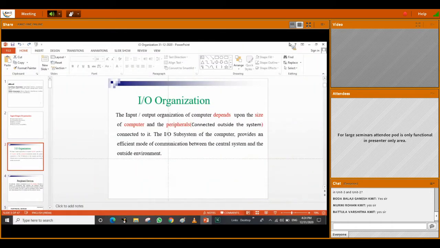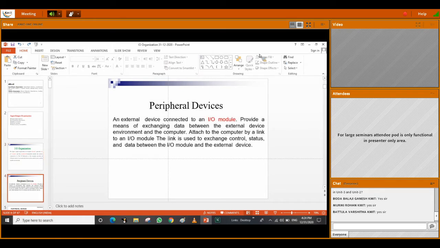Okay, and the peripherals are connected outside the system. We can call keyboards, mouse, and printer the peripheral devices. The IO subsystem of the computer provides an efficient mode of communication between the central system, nothing but the CPU and main memory, and the outside environment, the peripheral devices.